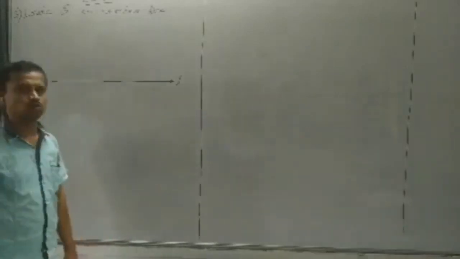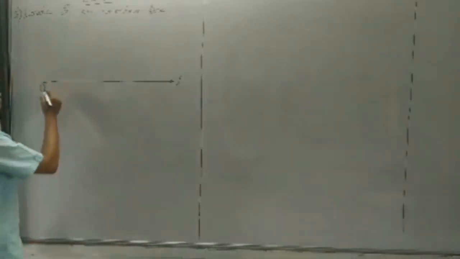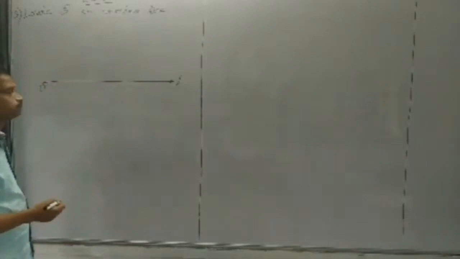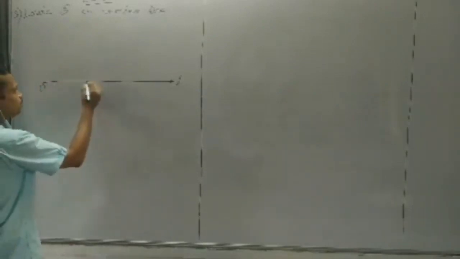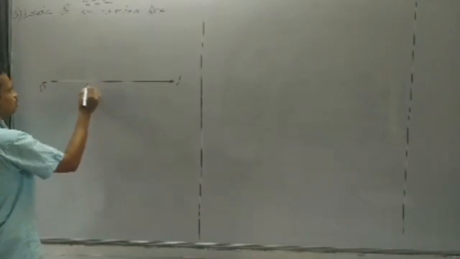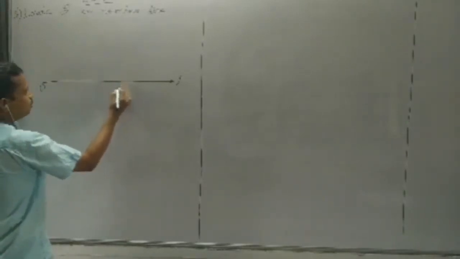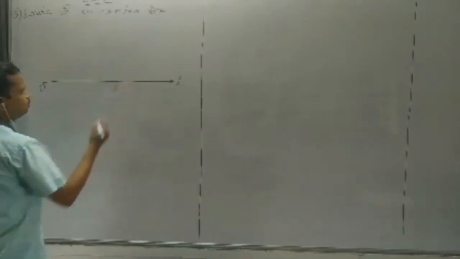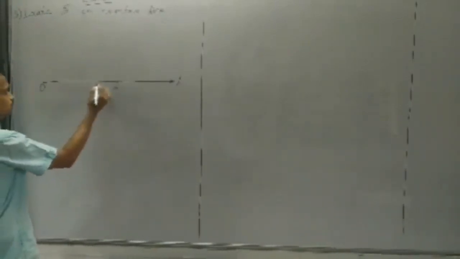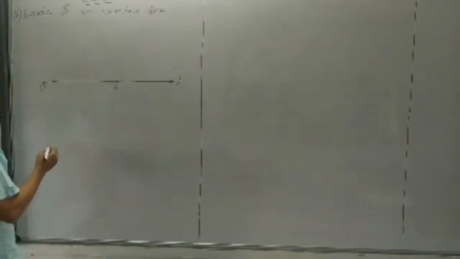Now coming to root 5. So take this number line and you take this as 1 point and this as another point. This is A. This is 1 unit, this is 1 unit, totally 2 units.